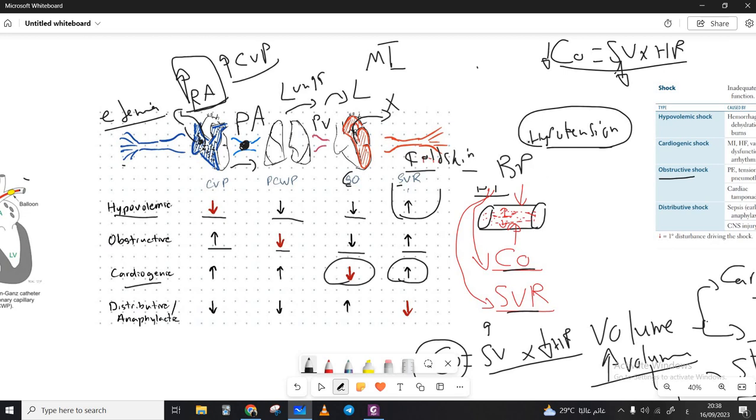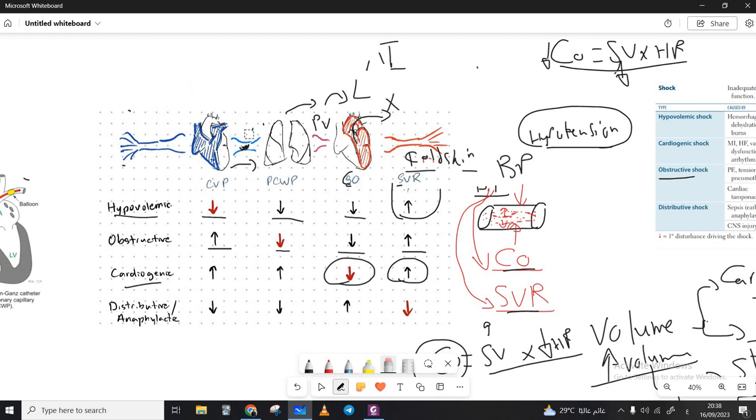Also, a very, very important thing is, since blood can't go out, let's remove one of these. So since blood isn't going out, again, the left side of the heart is a small container. It won't contain this much blood accumulating here because blood isn't going out.